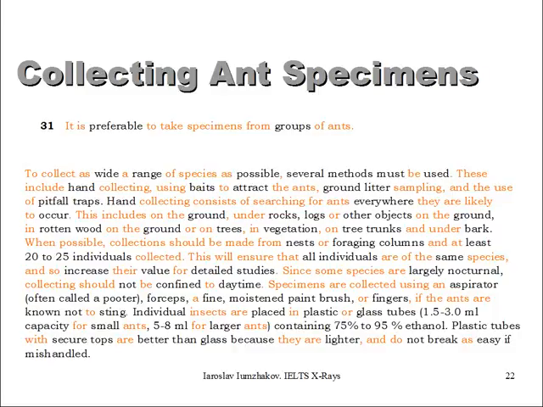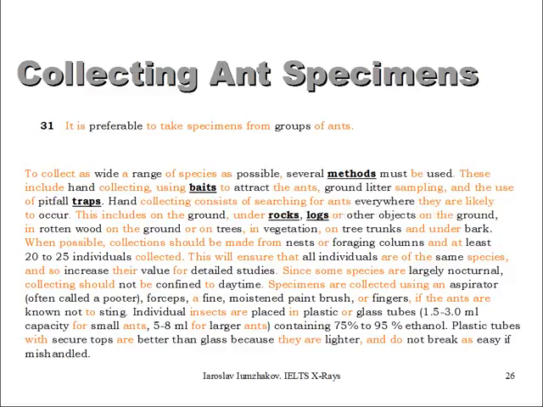The last one, groups, seems to be easier to find as it should be plural. And we spot first several methods, then baits, then pitfall traps, and then rocks, logs, then other objects on the ground, then trees, then tree trunks. After that we come across nests or foraging columns, and then what?